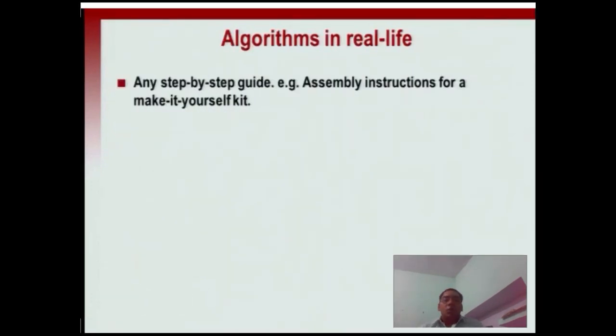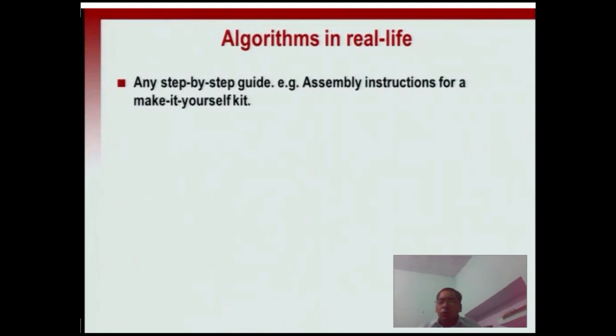Now, algorithms in real life. Any step-by-step guide is an example, for instance assembly instructions for a make-it-yourself kit. When you buy a make-it-yourself kit for furniture or something like that, you are provided with step-by-step instructions on how to assemble the kit.